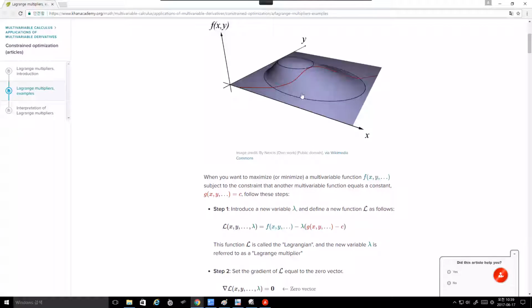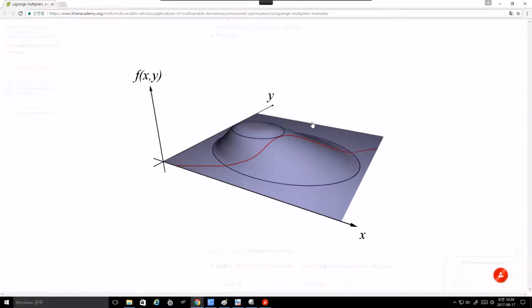Again, this looks even better. We want to find the highest point of this mountain, but we can follow only this track. The point is where the two lines are tangent to each other, which means their gradients should be parallel to each other, in the same line.